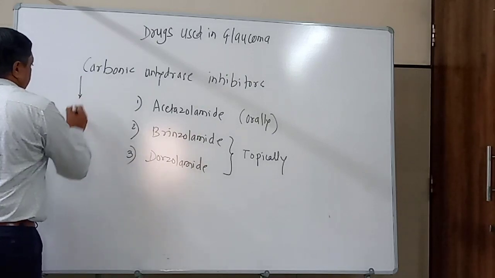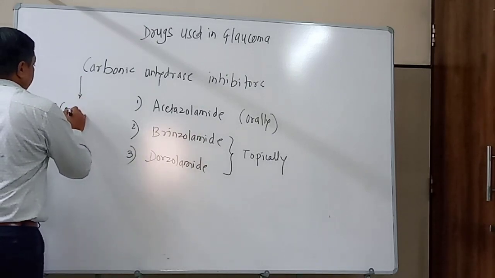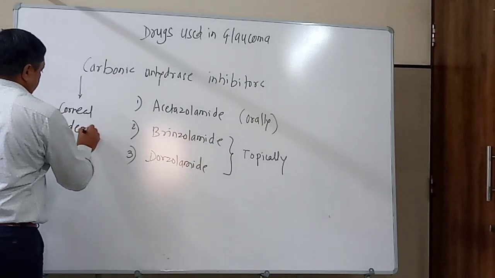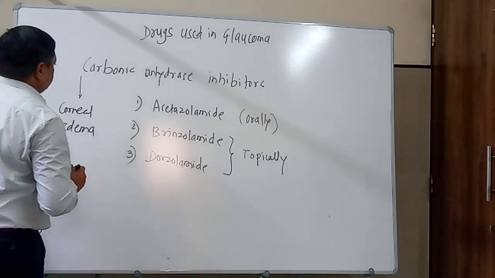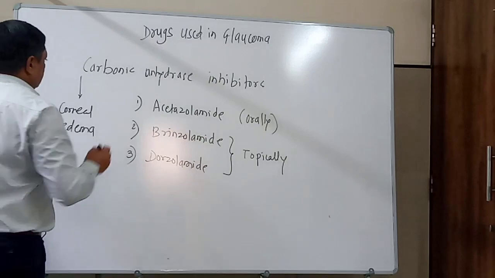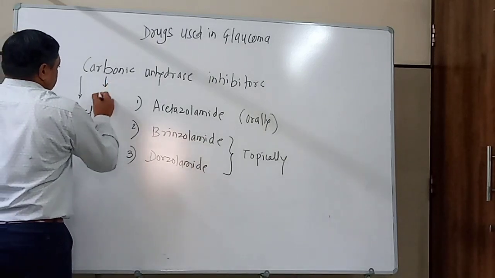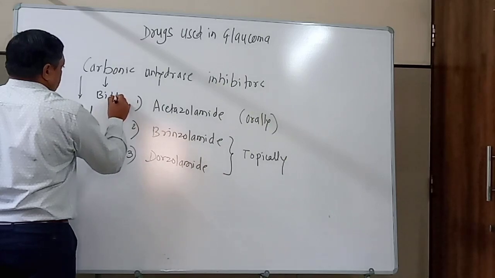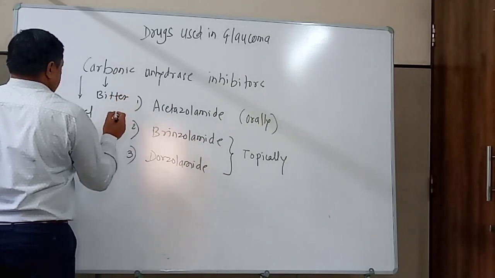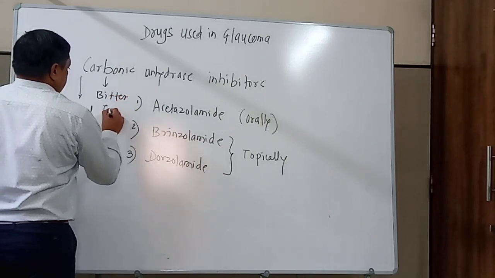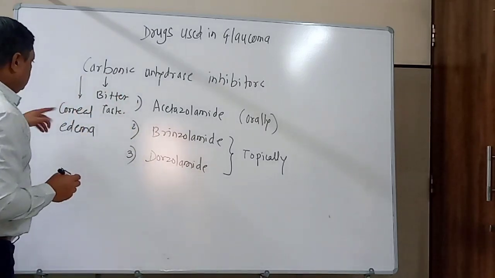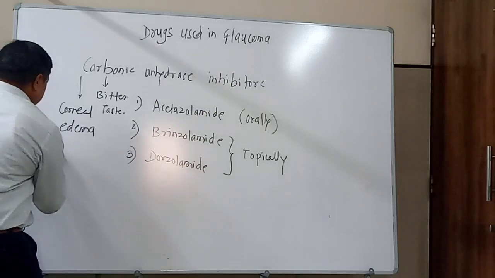This C is for corneal edema, this B is for bitter taste, and this O is for ocular allergy.